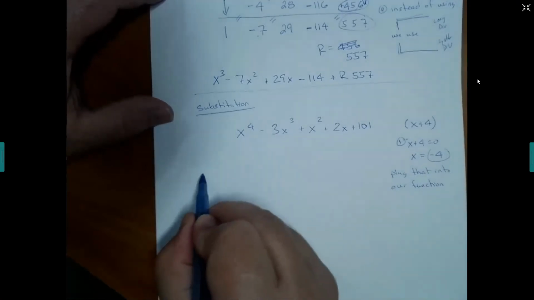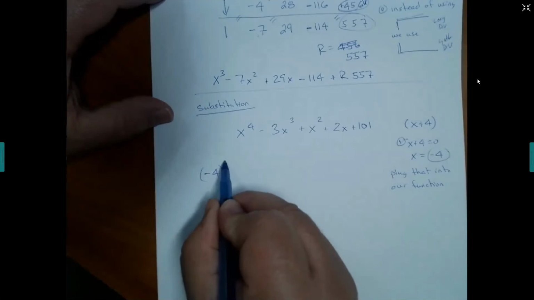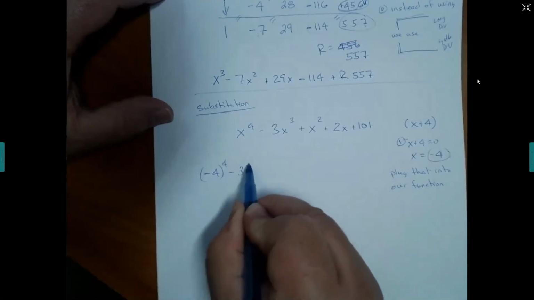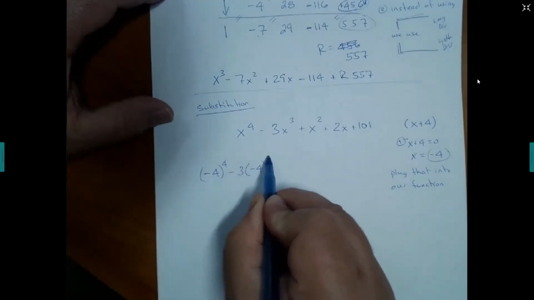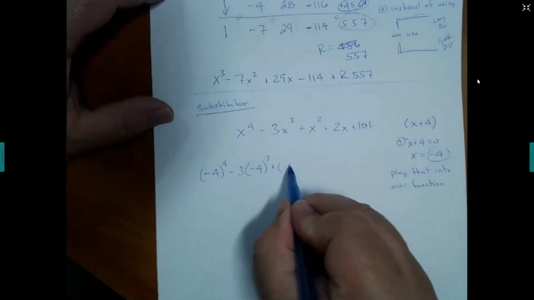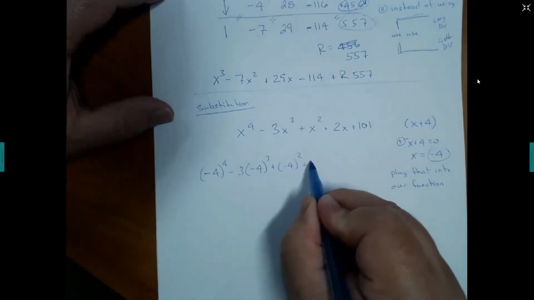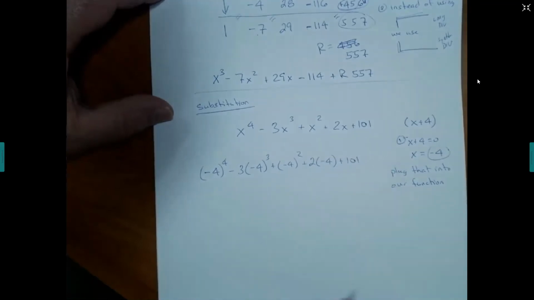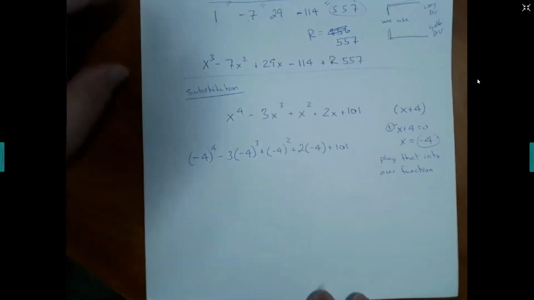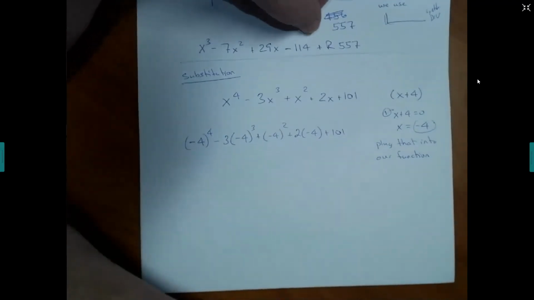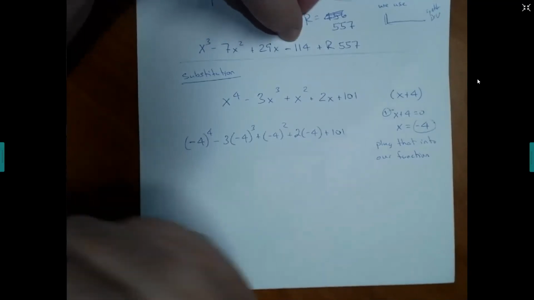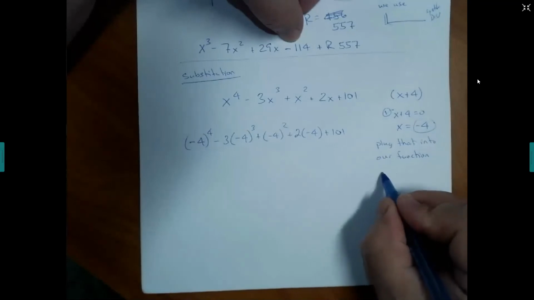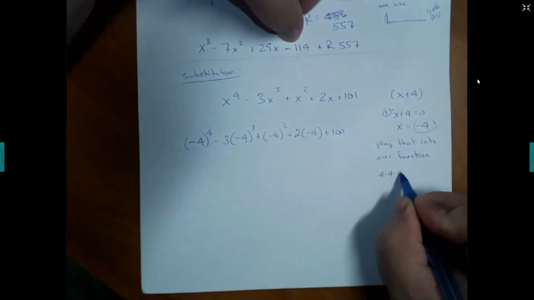So I put -4 to the 4th minus 3 times -4 to the 3rd plus -4 to the 2nd plus 2 times -4 plus 101. -4 to the 4th is 4 times 4 times 4 times 4.